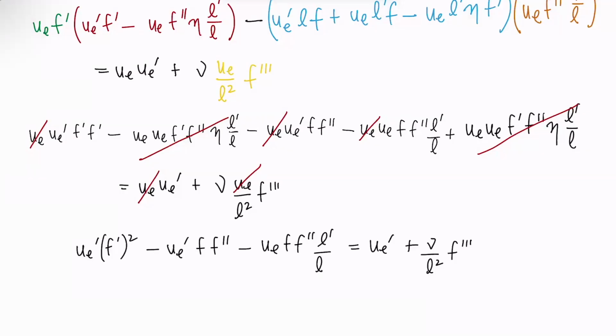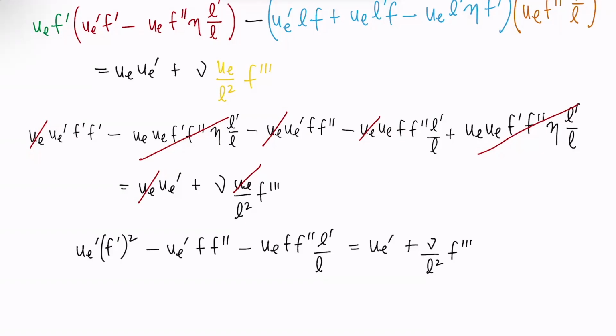And let me just make sure that all this looks good. So we divided through by UE, right? Yes. Okay. UE U prime F squared, theta. Yes.